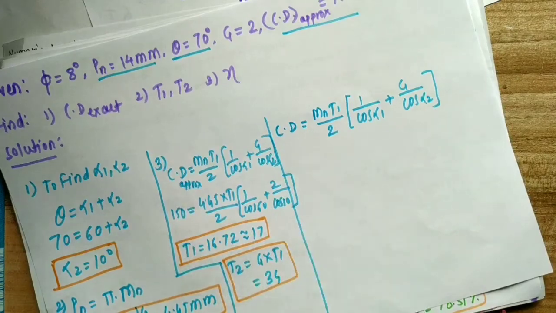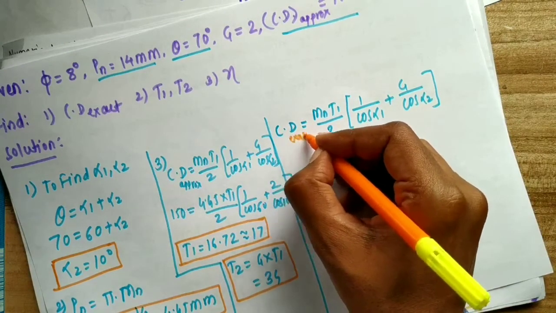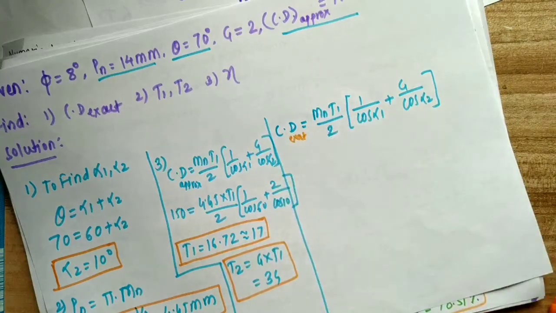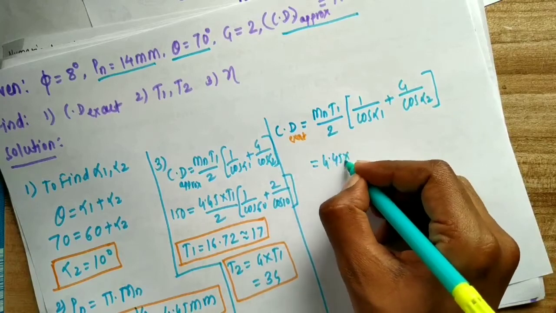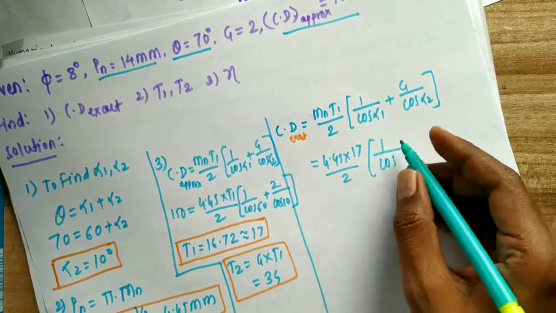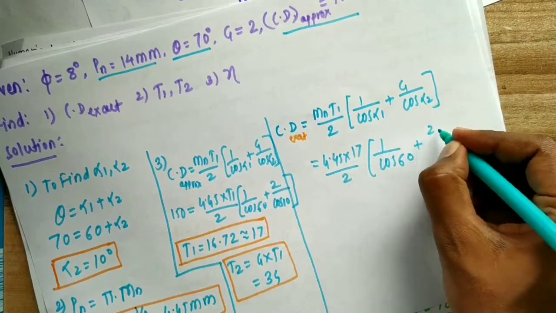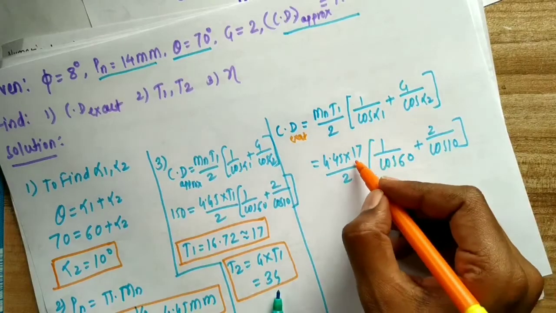So to get the exact central distance, I am writing here, we put the same values again: 4.45 into 17 upon 2 into 1 upon cos of 60 plus 2 upon cos of 10. What I changed here is the value for the exact central distance.